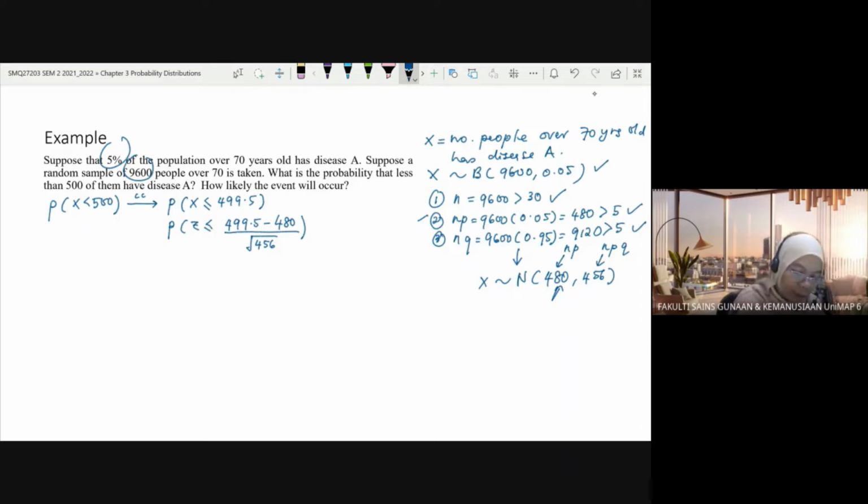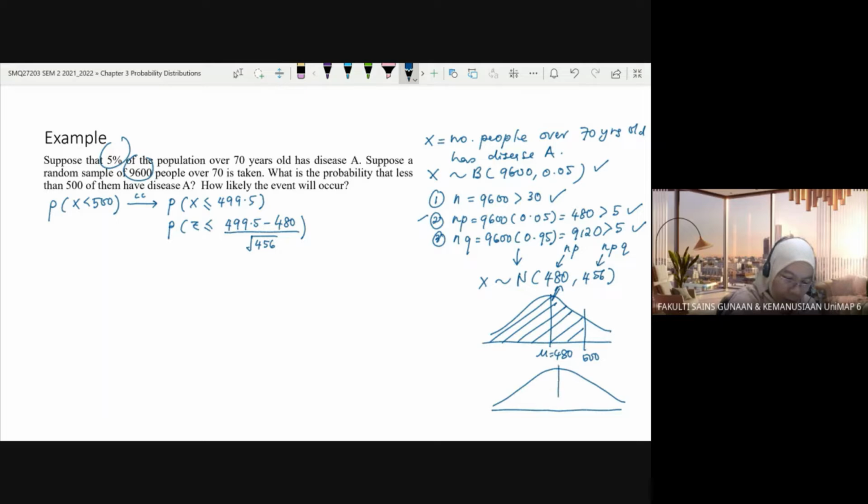And we know that for the distribution of the original X, the mean is equal to 480, and you are looking for less than 500, which is at the right hand side, the positive region. So let's say this is where the 500 is located, and you are looking for the probability value that covers this particular shaded area. When we transform this into standard normal, we know that the mean for the standard normal is equal to 0.